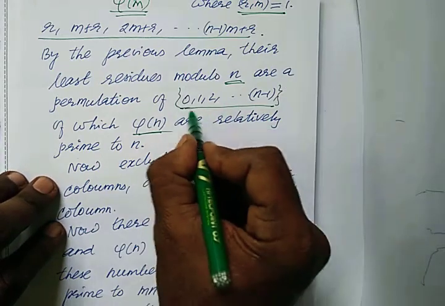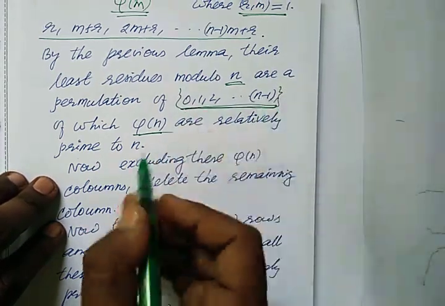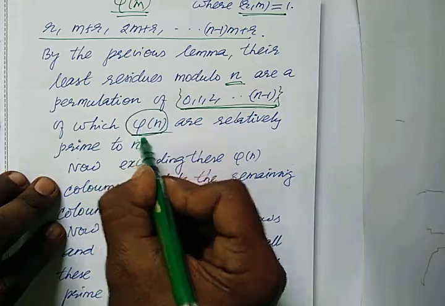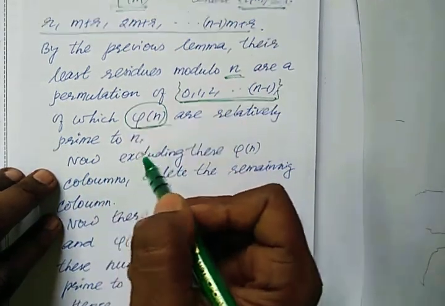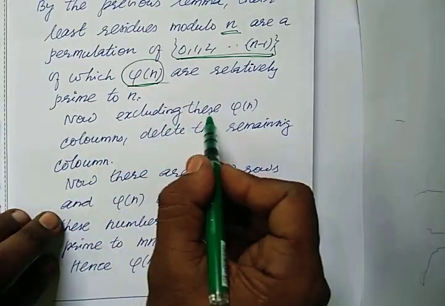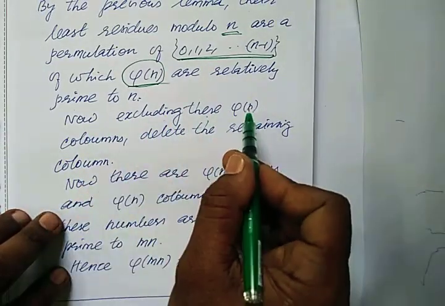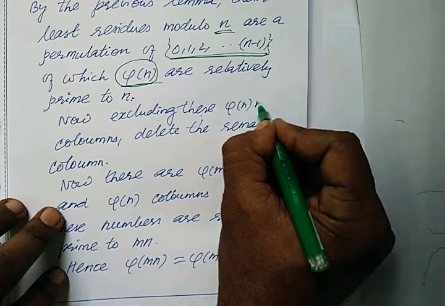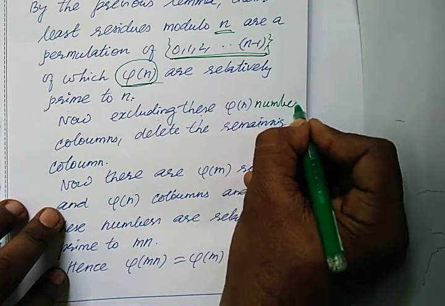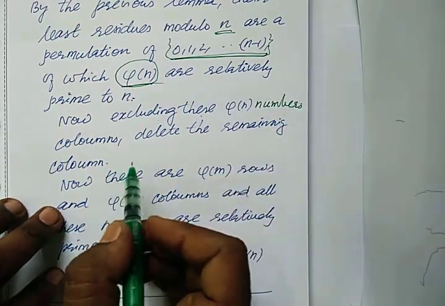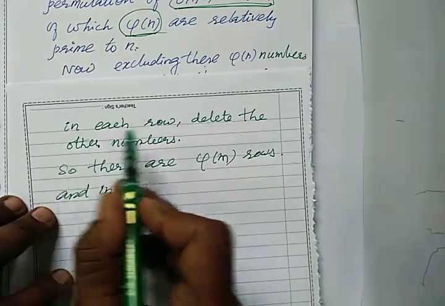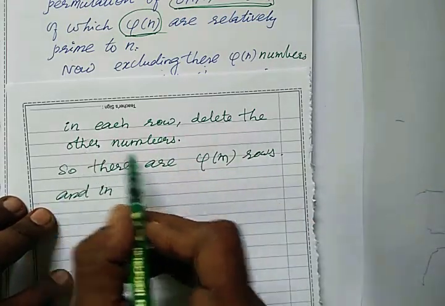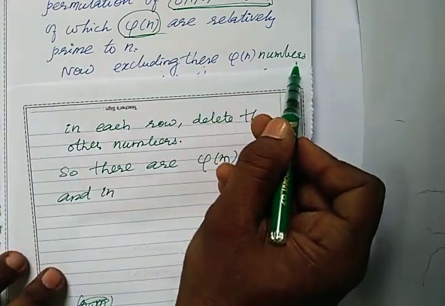But in these n numbers, only phi of n numbers are relatively prime to n. So in each row, delete the numbers other than these phi of n numbers.